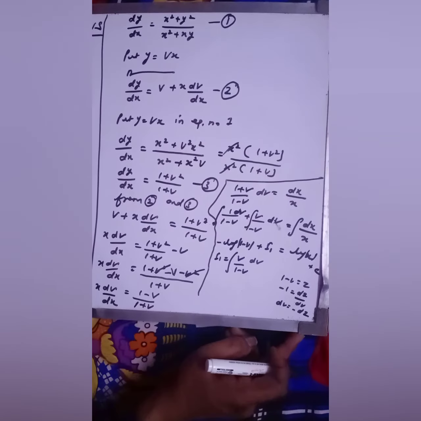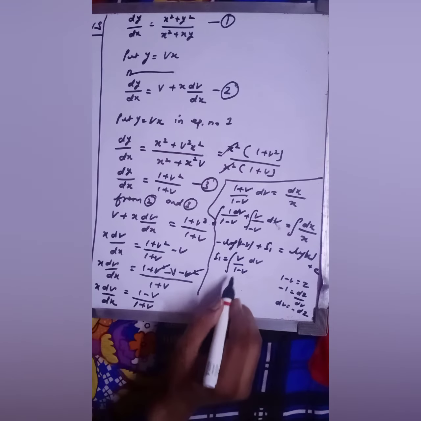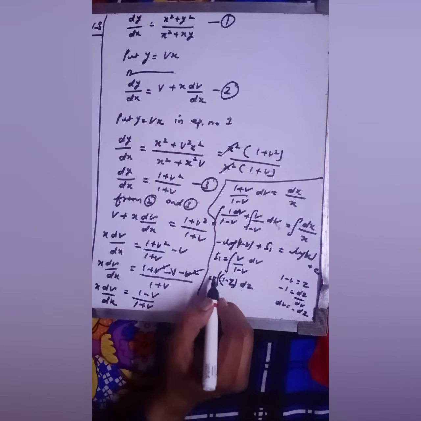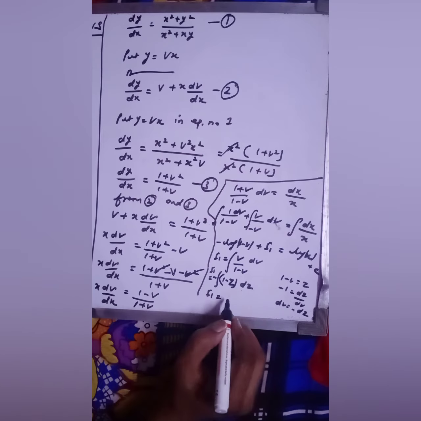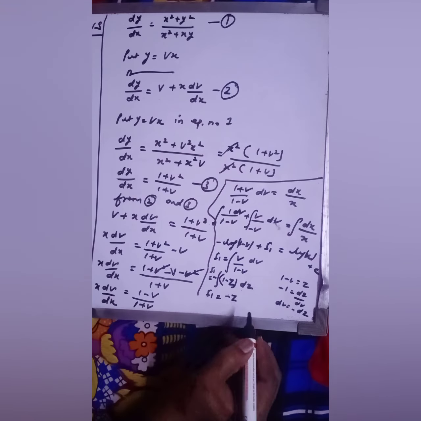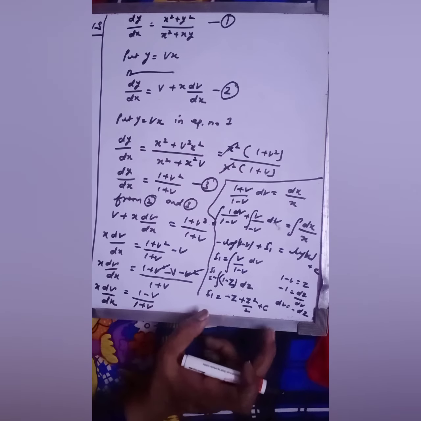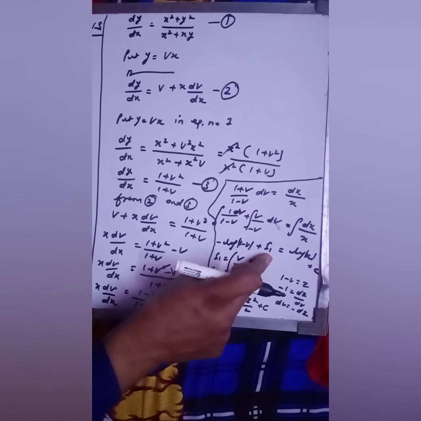Okay, and your v would be 1 minus z. 1 minus z, and a minus sign will come in here. This is your dz integration, that is equals to I1. So finally your I1 will be minus z plus z square upon 2 plus c, and put this value here in place of I1.